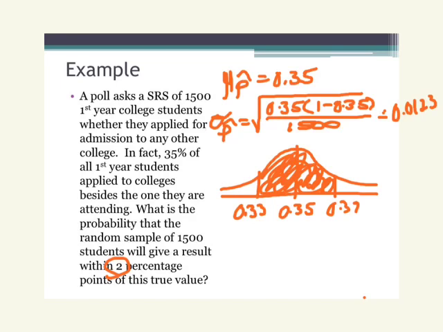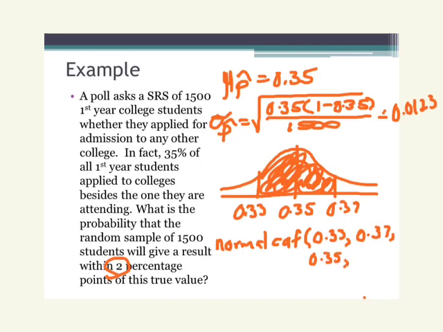Okay. So now again, at this point, you have two options. You either use your z-score and gold packet, or you can use your normal CDF, and that's what I'm going to use in this problem. So here's how our normal CDF would set up. I don't know if I'll have enough room here, so just bear with me. But we'd have the normal CDF. Our lower bound in this problem is 0.33. Our upper bound is 0.37. Our mean is 0.35.